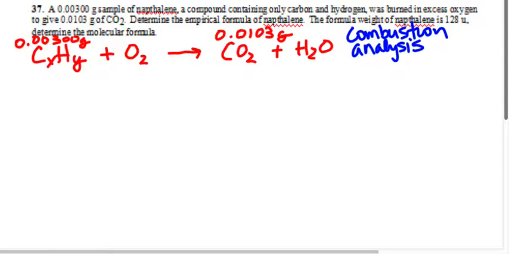Okay. Now, notice that they give me the grams of CO2. I'm going to say this: law of conservation of mass. What does that mean with what they gave us? They said we have 0.0103 grams of CO2 produced. What is that telling us? In general, what do we know about that carbon dioxide compared to the original compound?